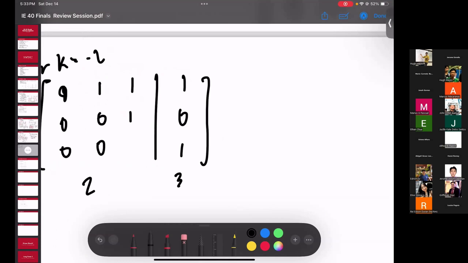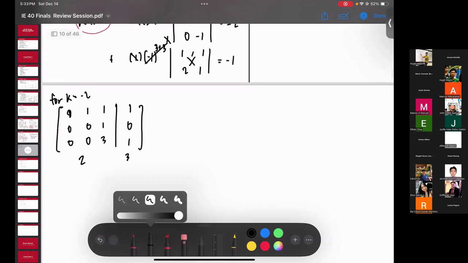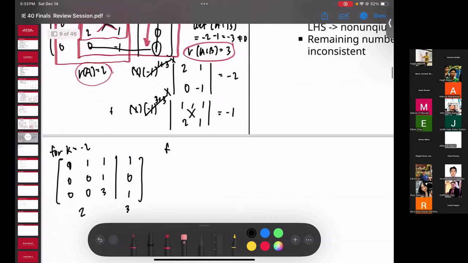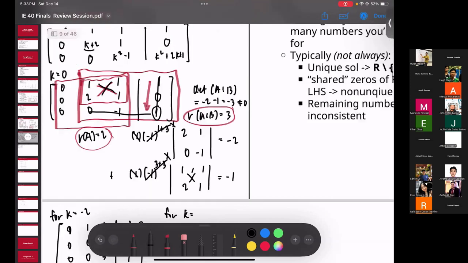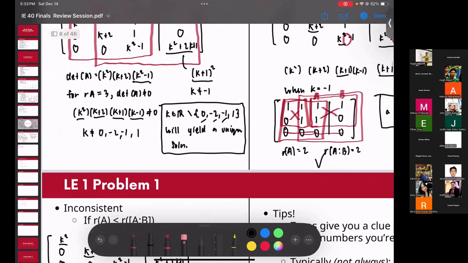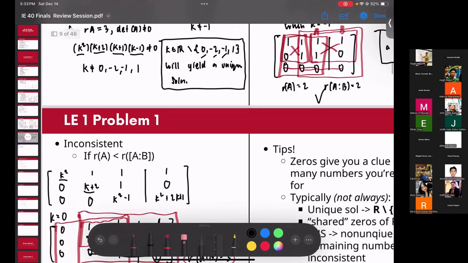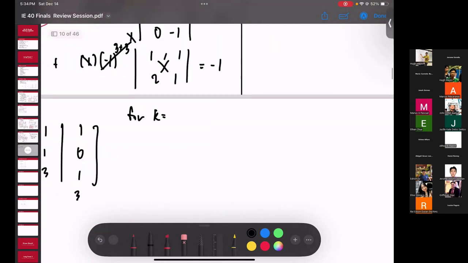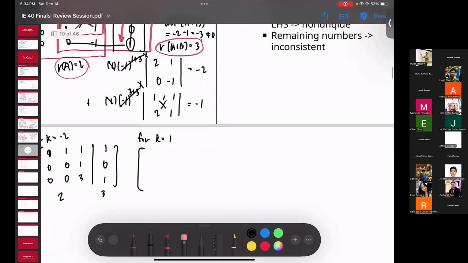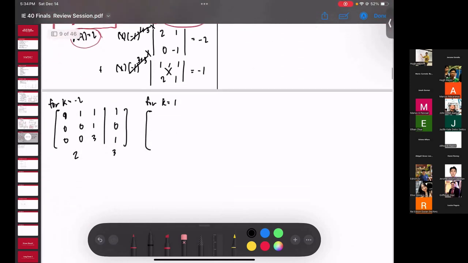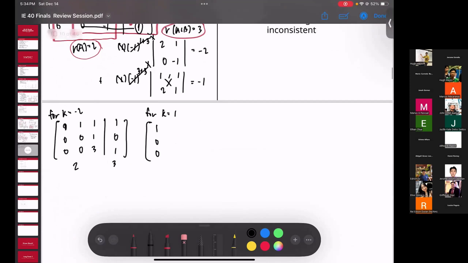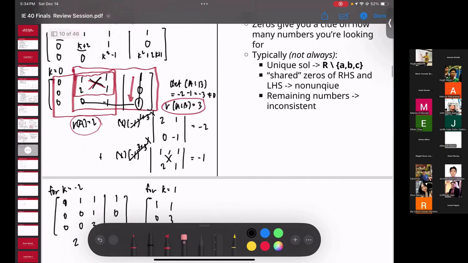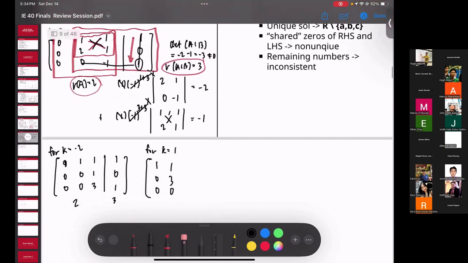So once you do the same tests we did, that means the rank of A is less than the rank of A augmented B again. And you can also test this for k equals positive 1. What happens here is this just becomes 1, 0, 0, 1, 3, 0, 1, 1, 0.